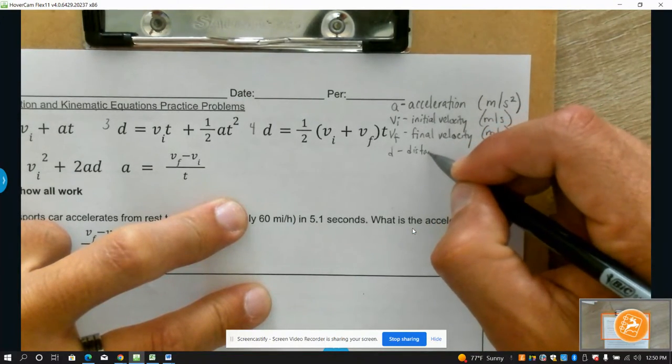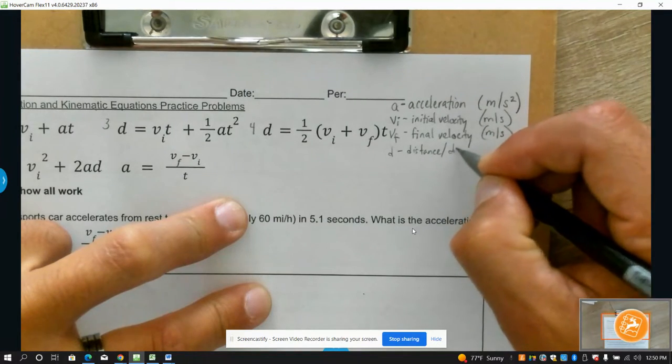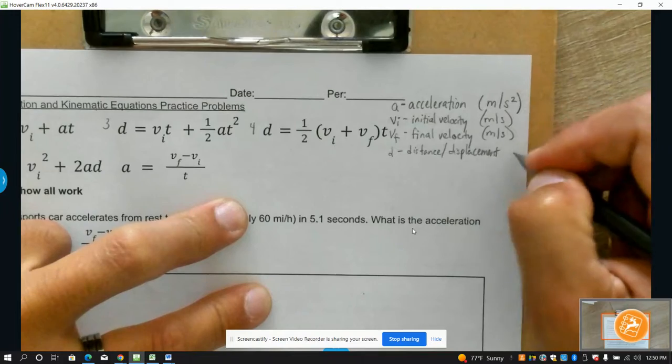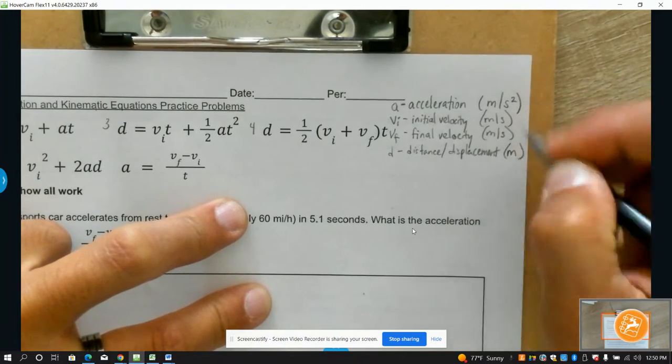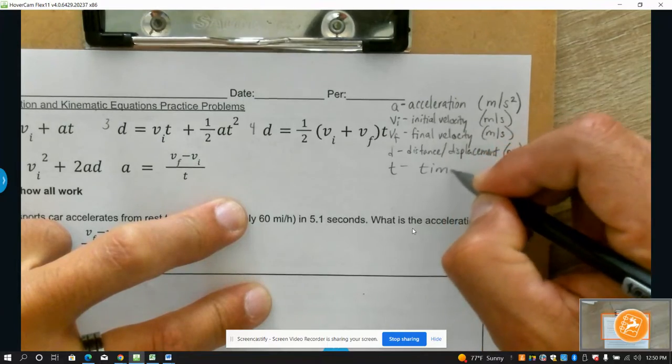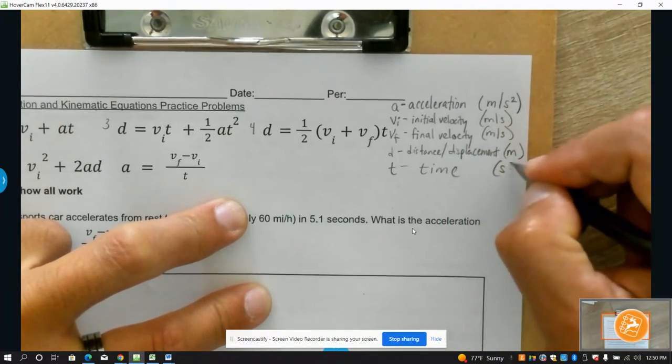All right, so distance or displacement, and that unit will be in the meter. And then T, time, will be in seconds.